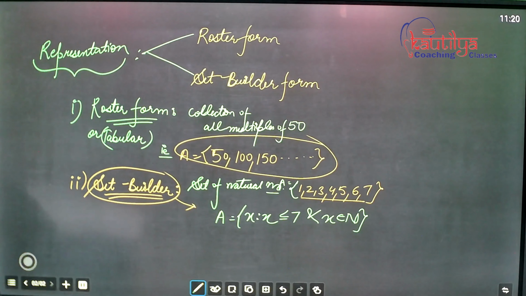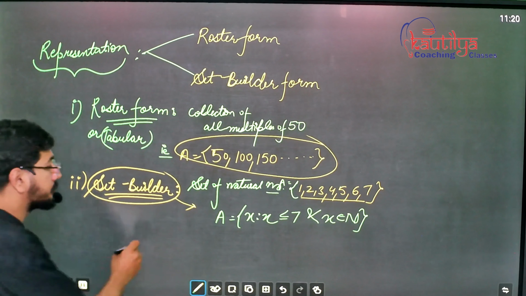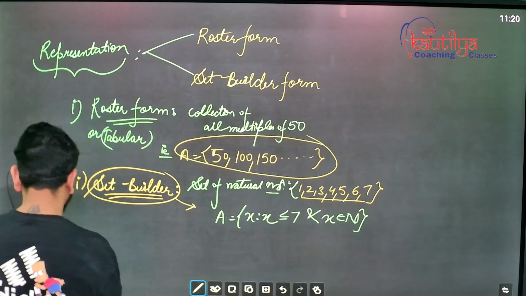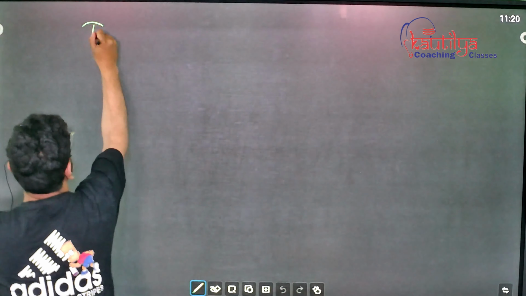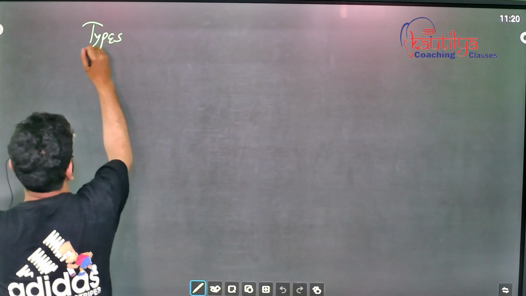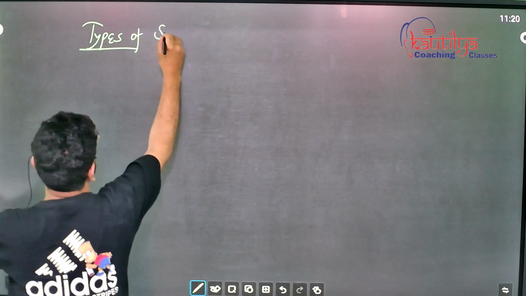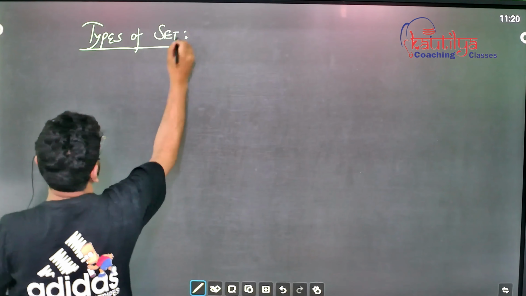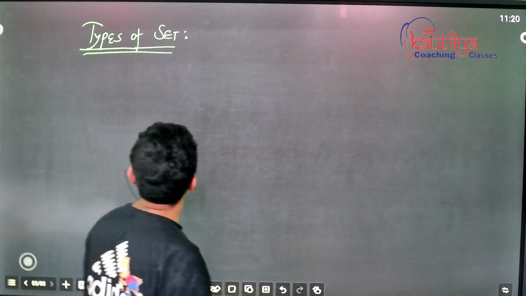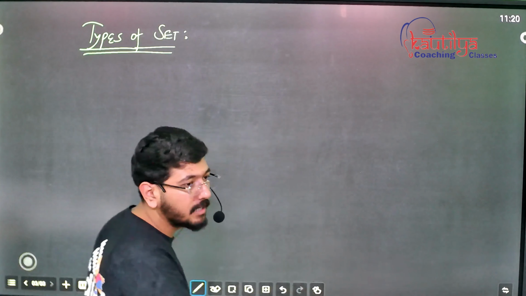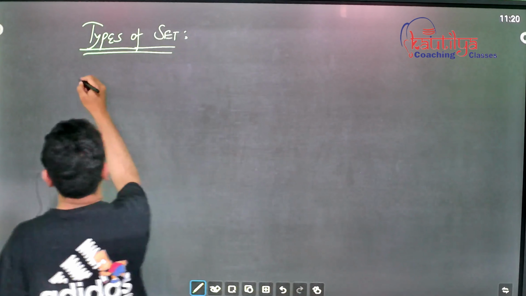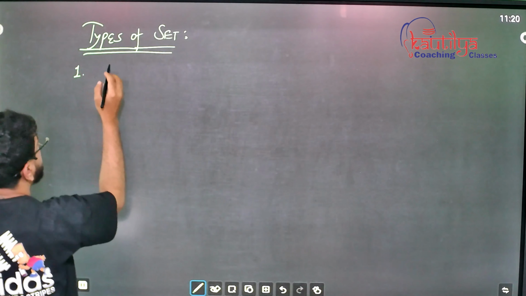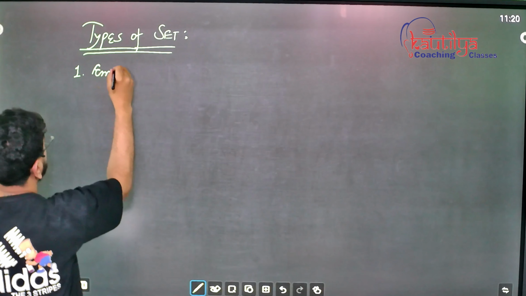Yes, now moving on to the types of sets. So we have 5 to 7 types of sets. The first type is the empty set.